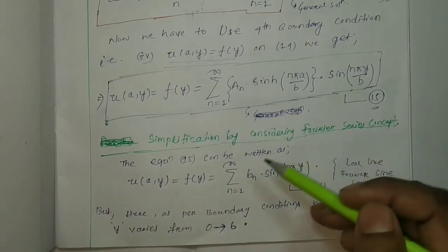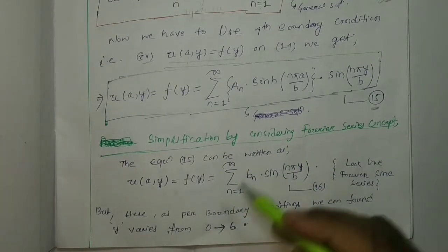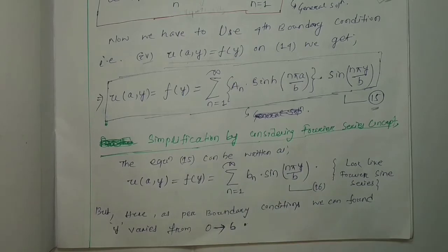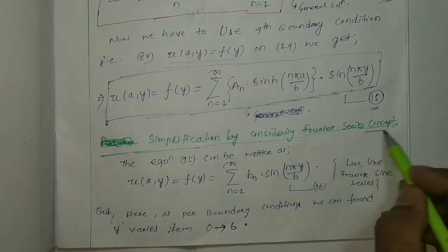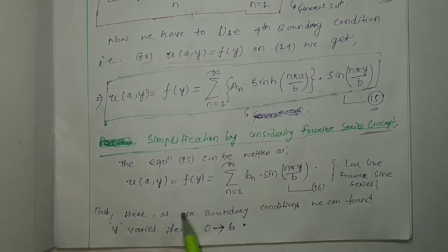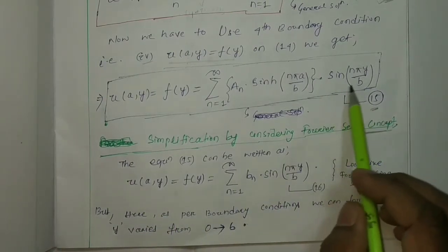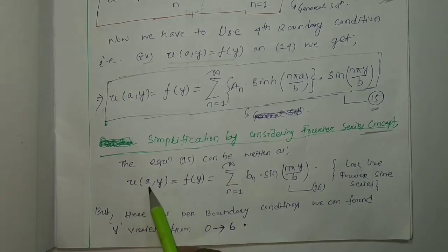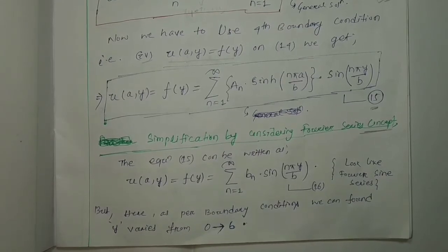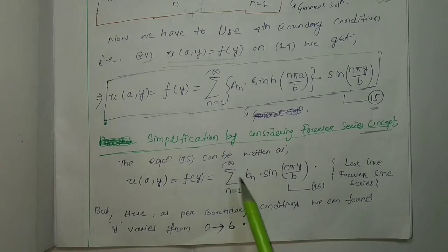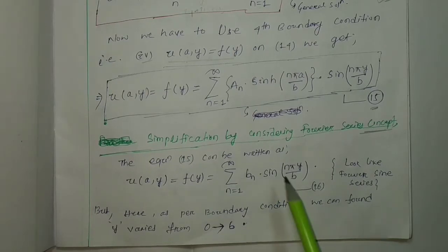Then further simplification is done using the Fourier series concept. How is it? You can see that equation 15 can be written as u(a,y) equal to f(y) equal to summation over n equal to 1 to infinity b_n sin(n pi y by b). Here b_n is nothing but this much.